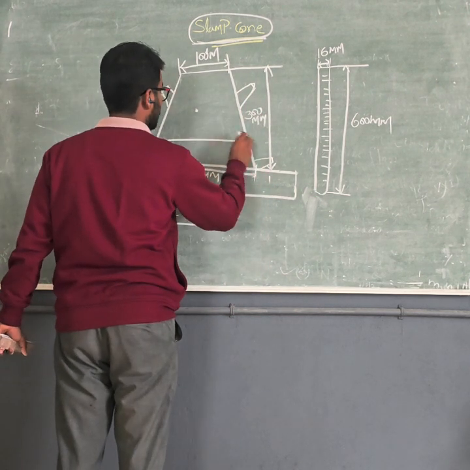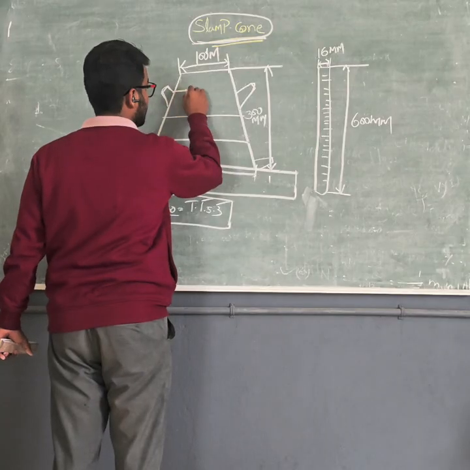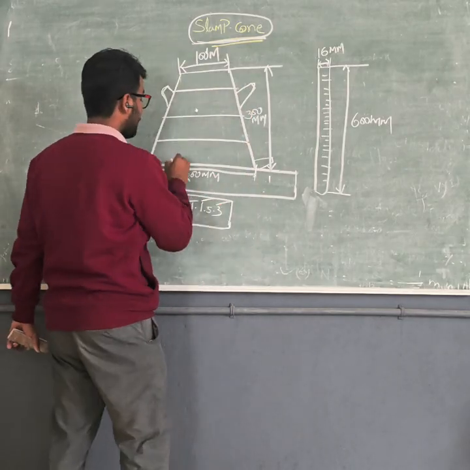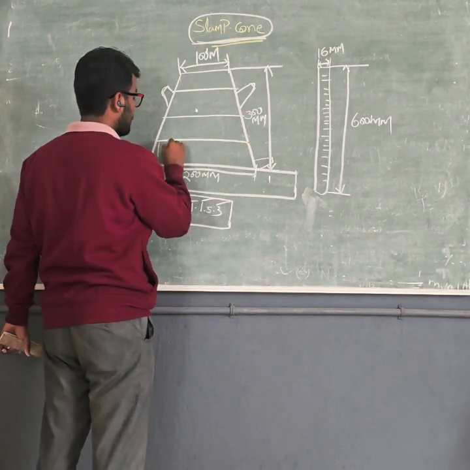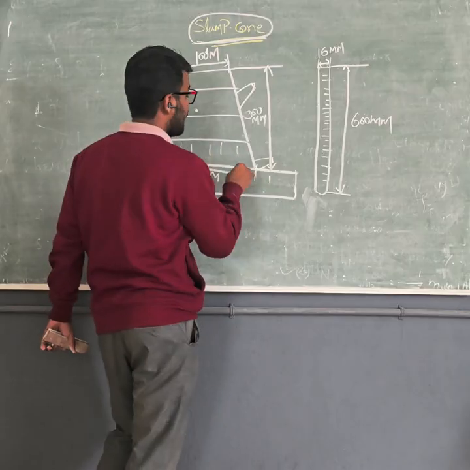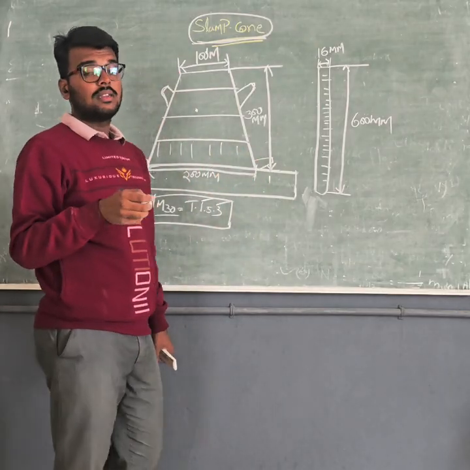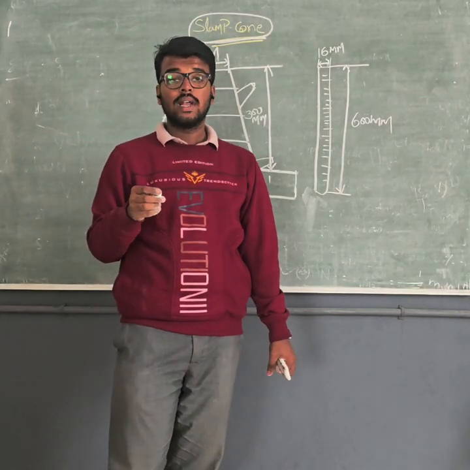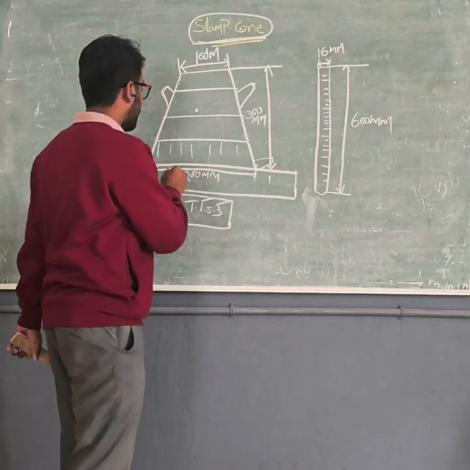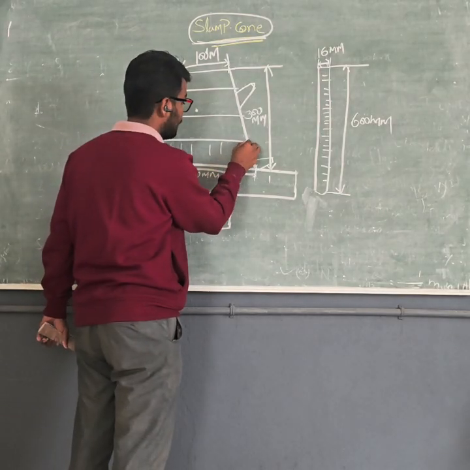We divide the cone into four parts, and after pouring the concrete in one part, we use the tamping rod and give 25 strokes over the whole surface, not in one spot.